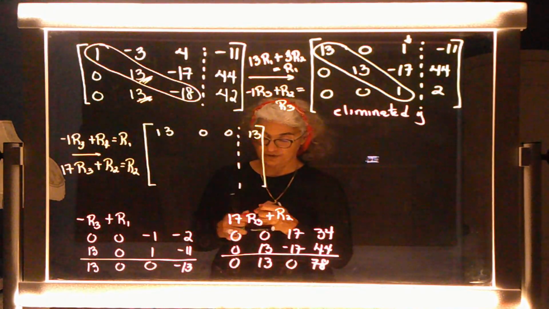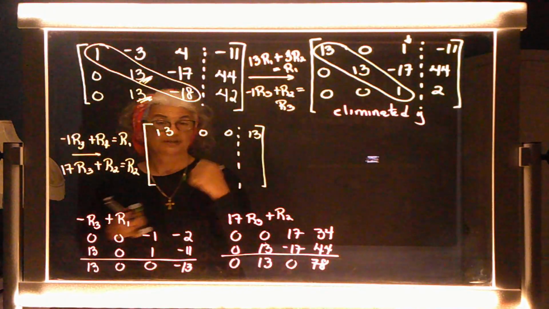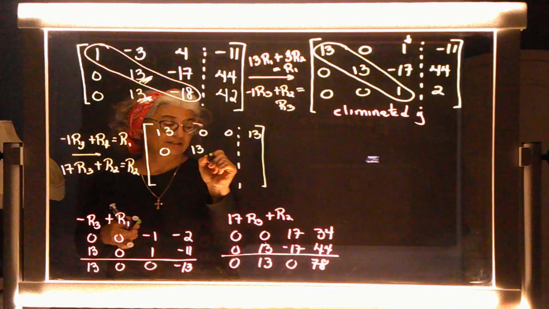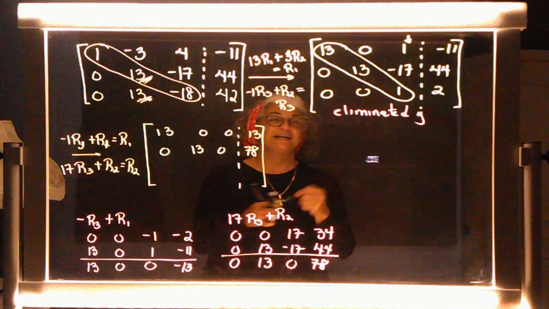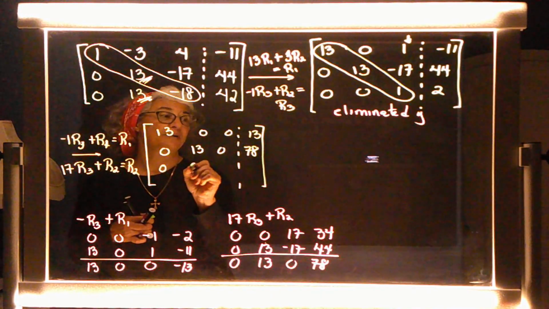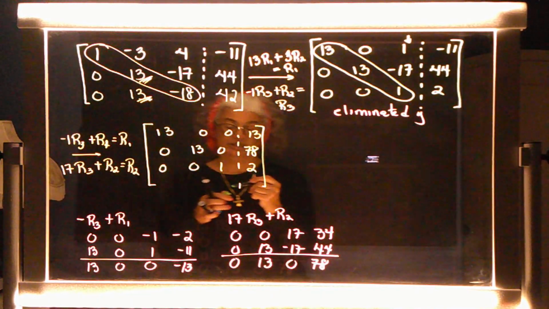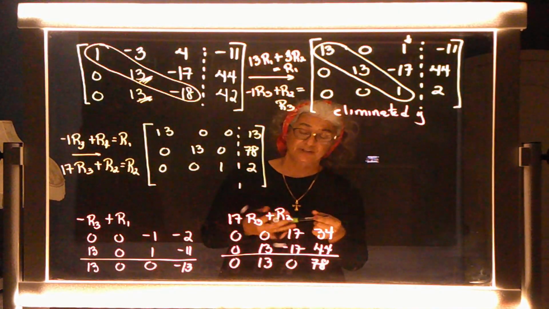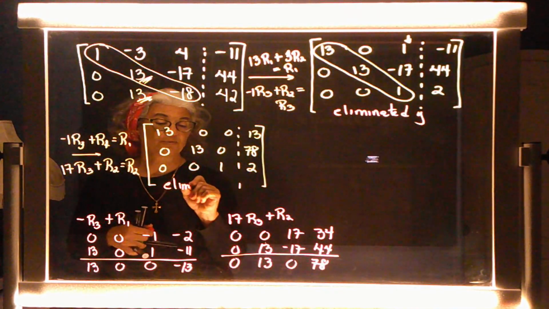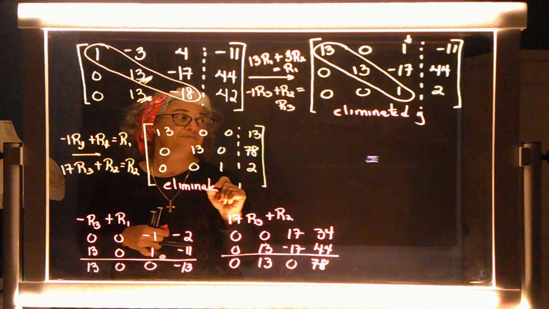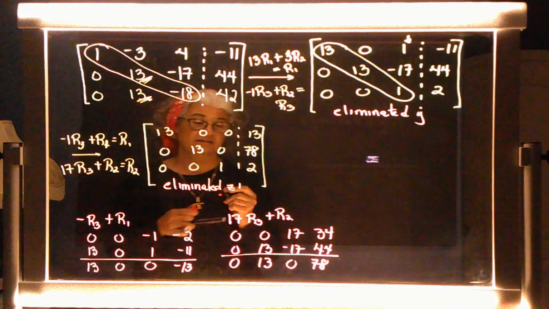So that looks like our new second row. So 0, 13, 0, and 78. And then, yeah, the third row, we just copy it back down because we're not trying to get a 0 in it. How are we doing? So far, so good? Okay, so remember, this matrix eliminated what? Yeah, it eliminated your z's.